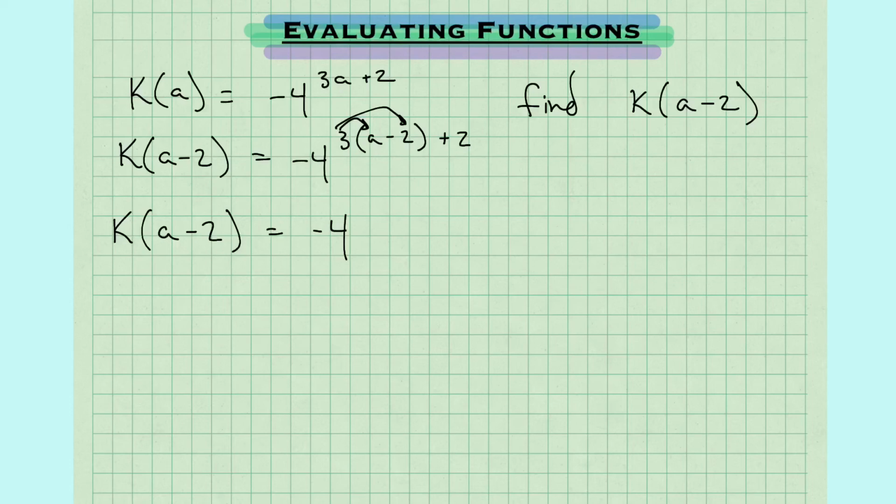So raised to the 3a, 3 times negative 2 is negative 6, and then plus 2. Okay, here's our 3a, here's our negative 6, and this positive 2 just kind of comes down. So here we have k of a minus 2 equals negative 4 raised to the 3a, negative 6 plus 2, that gives us a negative 4. So here's our answer, negative 4 raised to the 3a minus 4.